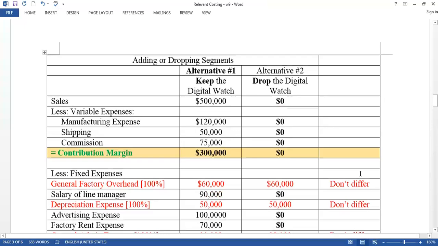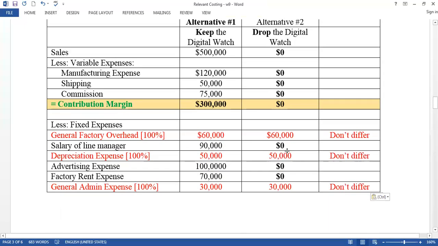So if we have any item difference, we are going to keep it. If we have any no difference, we are going to drop it, right?